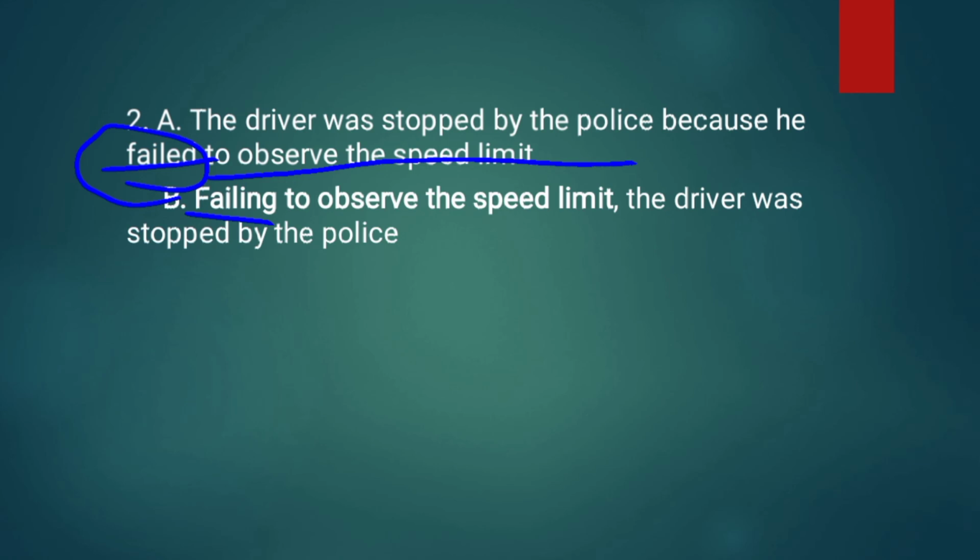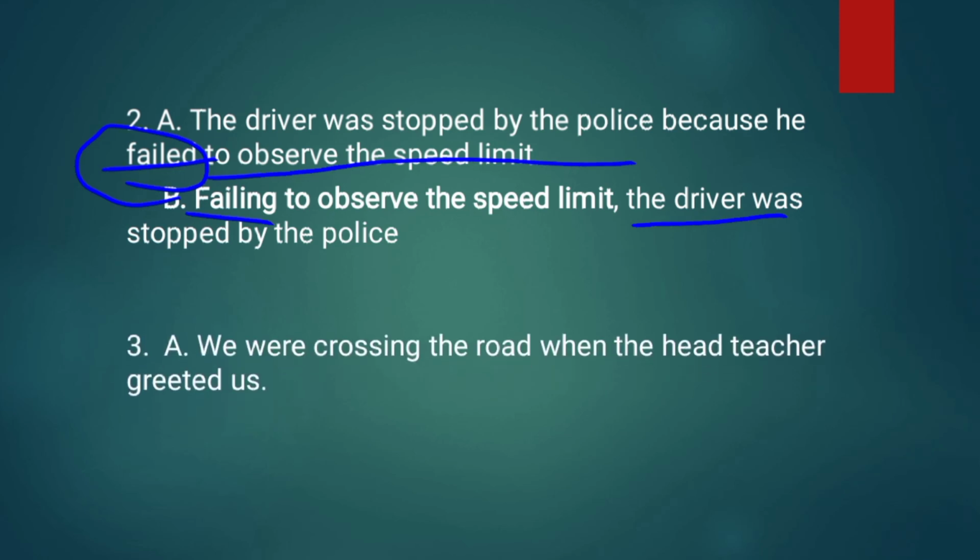Then after you put a comma, ask yourself, who failed to observe the speed limit? It's the driver, right? So start with the driver. The driver was stopped by the police. Failing to observe the speed limit, the driver was stopped by the police. Simple as that.